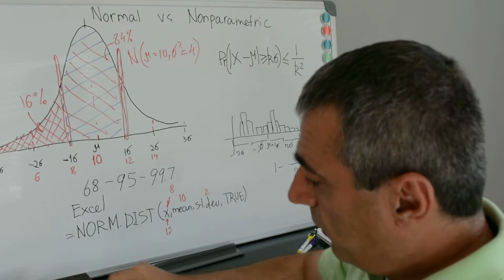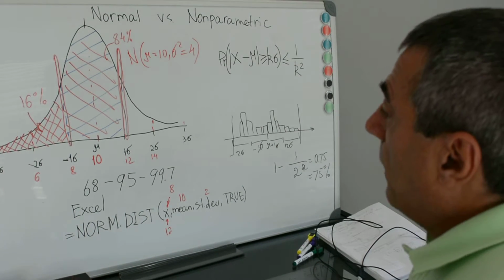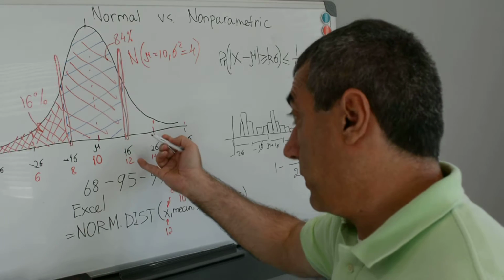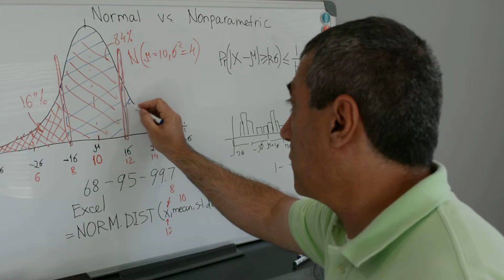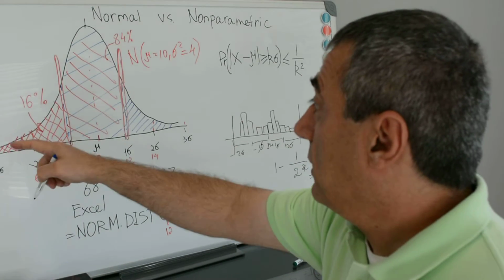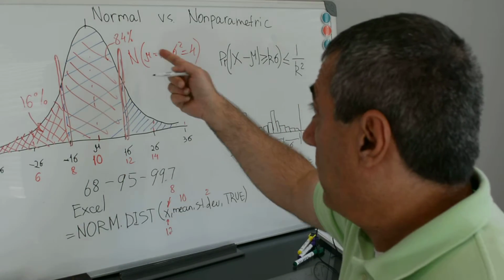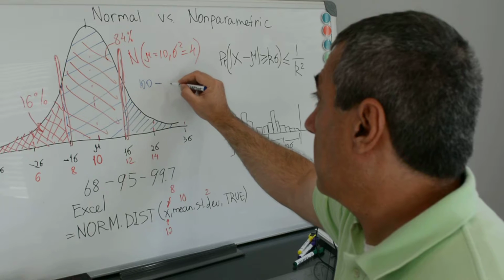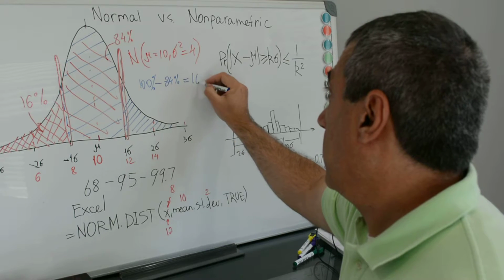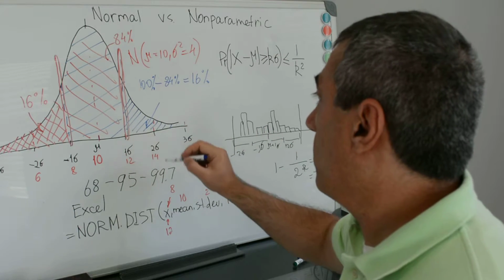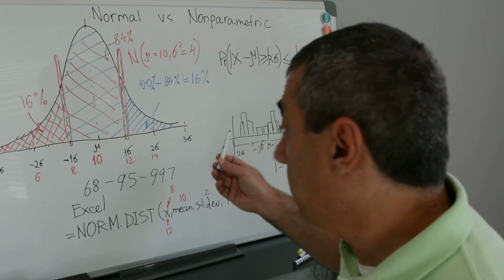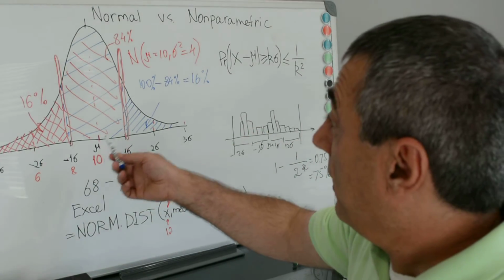If we want to determine what would be the percent of the population above 12, or namely above plus 1 standard deviation, because the entire distribution is 100% or 1, subtracting 84% from 100%, we get 16% of the population above 12, or above plus 1 standard deviation.